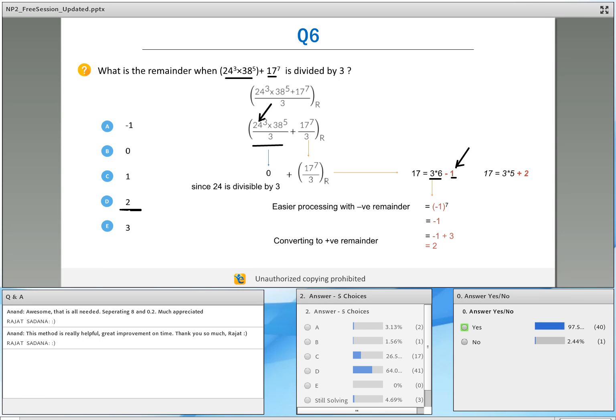A lot of you did it using positive remainder. And Jala says yes, you did that. You actually did the split over here, and that's one way of getting it. But what you're going to find is once you get the concept of negative remainder, things become a lot easier.